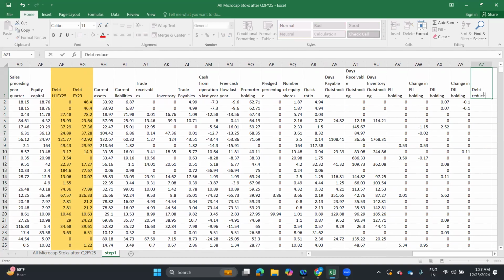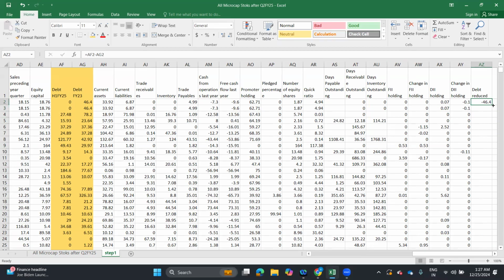Improved means debt reduced. Let me clearly write it. Create a column, Debt reduced. How much? From this latest one minus this one. So this is 46 crore negative, means debt has been reduced, right?